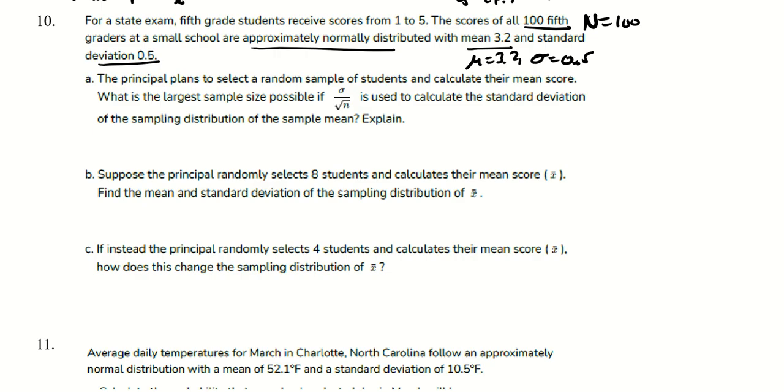The principal plans to select a random sample of 10 students and calculate the mean score. What is the largest sample size possible if sigma over square root of n is used to calculate the standard deviation of the sampling distribution of the sample mean? Well, remember that this formula can only be used if we have the 10% condition.